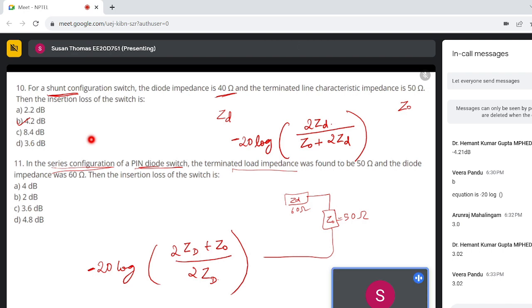Yeah, the right option is, not in this, I think, it's 3.3 dB, approximately 3 dB. Please don't consider these options.